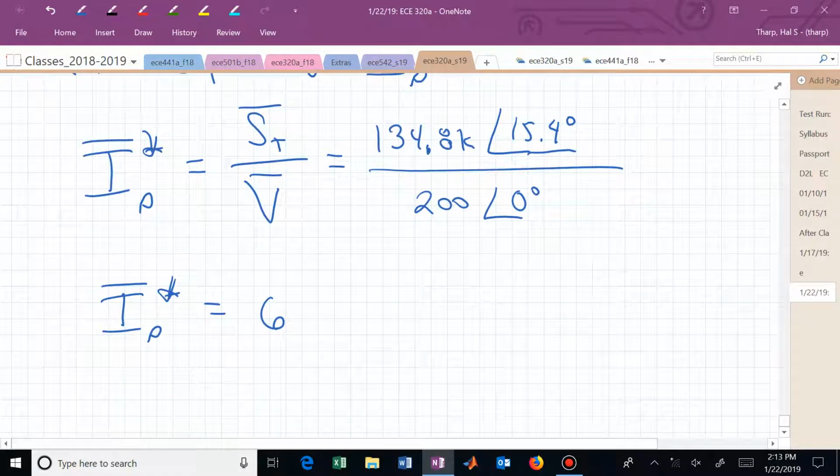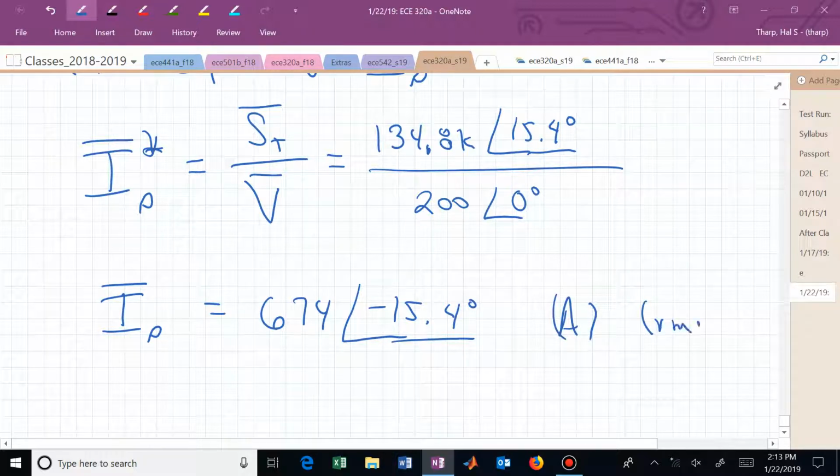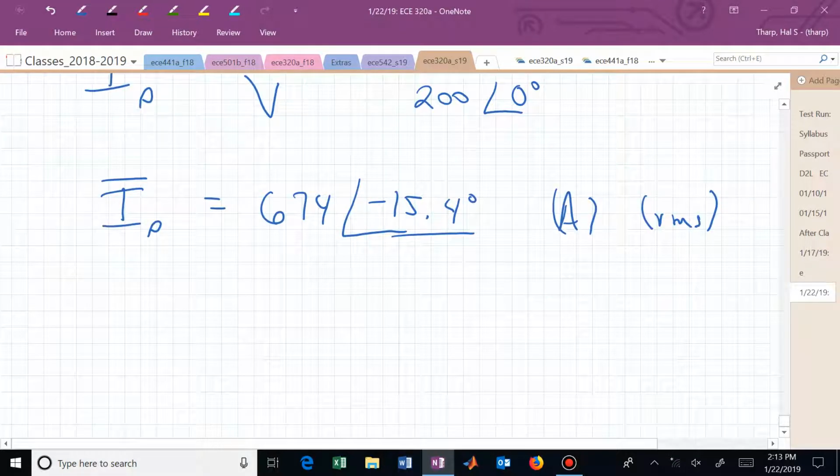We divide that by 200 and we end up with a large current of 674 at an angle of 15.4. But if we go ahead and just find the actual current, we can negate that sign so that the current is going to be at minus 15.4 degrees.